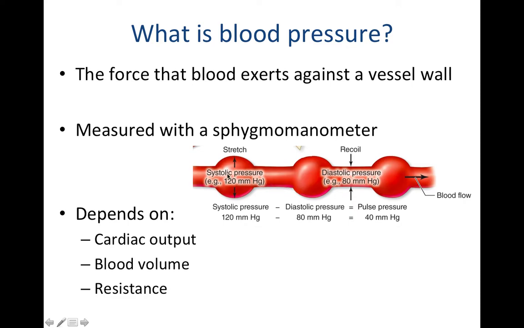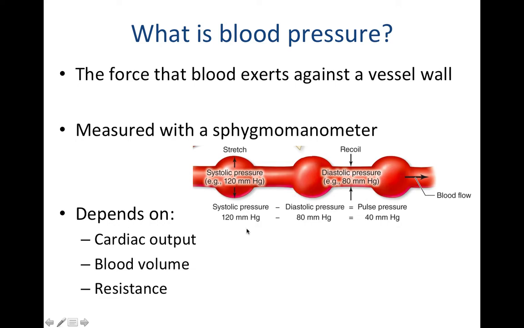You may notice that they sound a whole lot like systole and diastole. And you are correct. Systolic pressure is how much pressure is exerted on your blood vessel when your heart is working, when it's contracting, when it's in systole. And this recoil, the diastolic pressure, is the pressure exerted on your blood vessels when your heart is at rest.